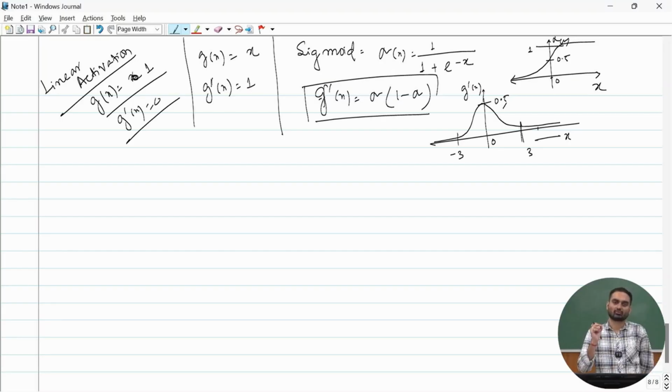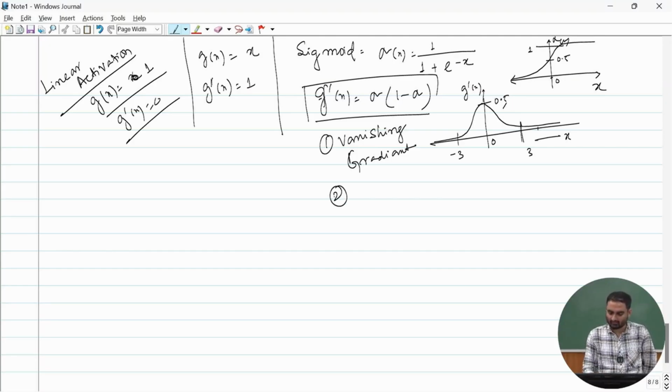That means it will contribute very little to the weight update. This would further lead to vanishing gradient and other problems. The vanishing gradient problem we'll discuss in the RNN part. This is not exactly the vanishing gradient problem, but let us refer to it as such. The gradient will vanish slowly.